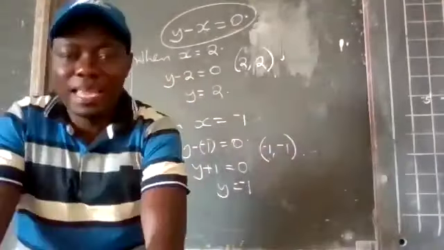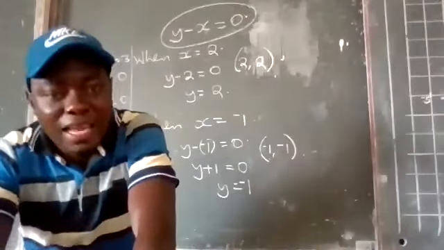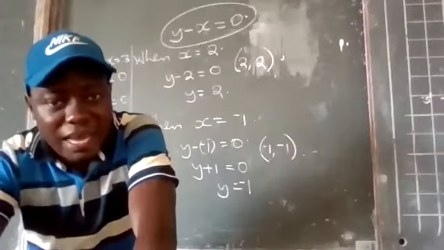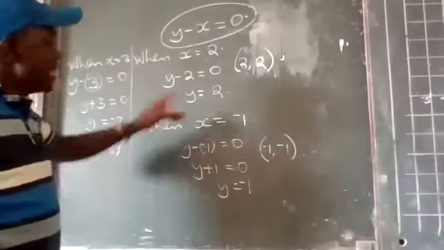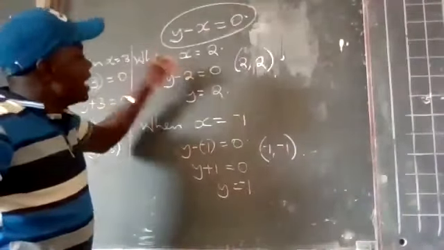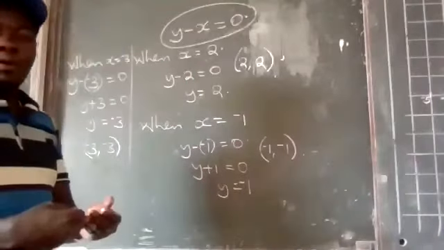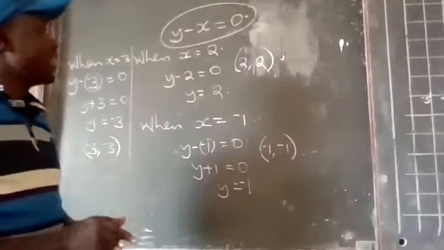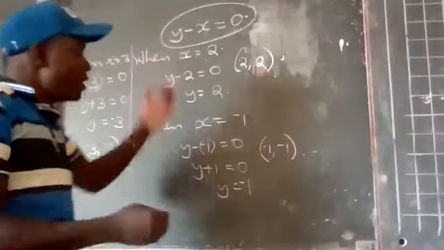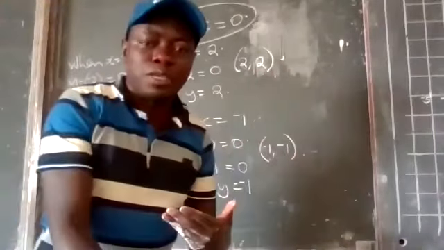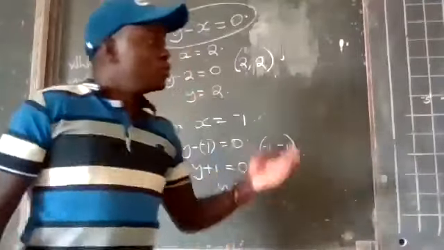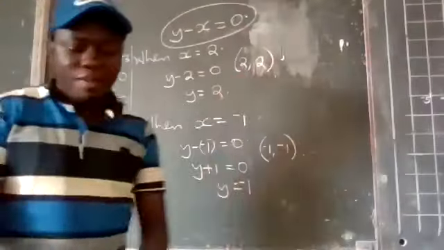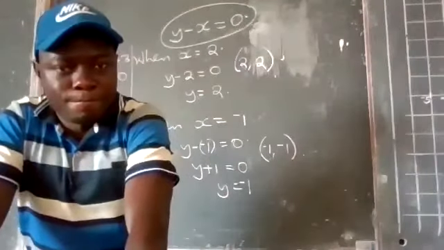A line can have uncountable points. There are very many points on each line. We need only 3. So you say, when x is equal to this, what will be the corresponding value of y? That will give you a point. When y is this, what will be the corresponding value of x? You get a second point. We need only 3 to plot, and then we get the mirror line. Okay? Okay, thank you, sir.